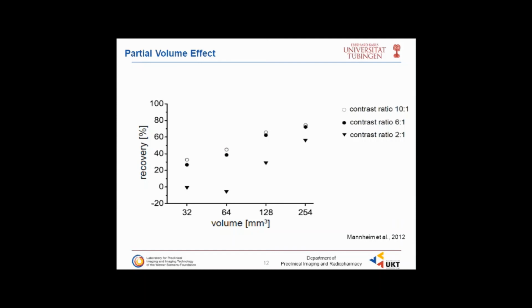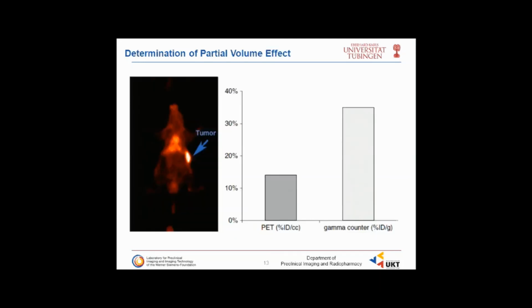So even if you have a volume of 1.5 millimeter in diameter, you can have a situation that you have only, with a very good contrast ratio, a recovery of 30 or 40%. Even with lesion sizes of approximately 4 or 5 millimeter in a small animal PET scanner, and with a contrast ratio of 10 to 1, you usually get not a better recovery than 80 or 90%. And this is shown over here.